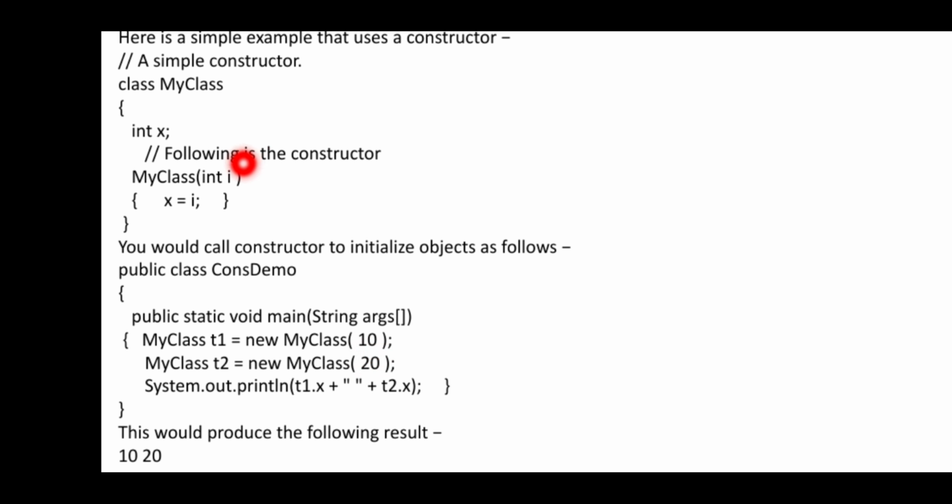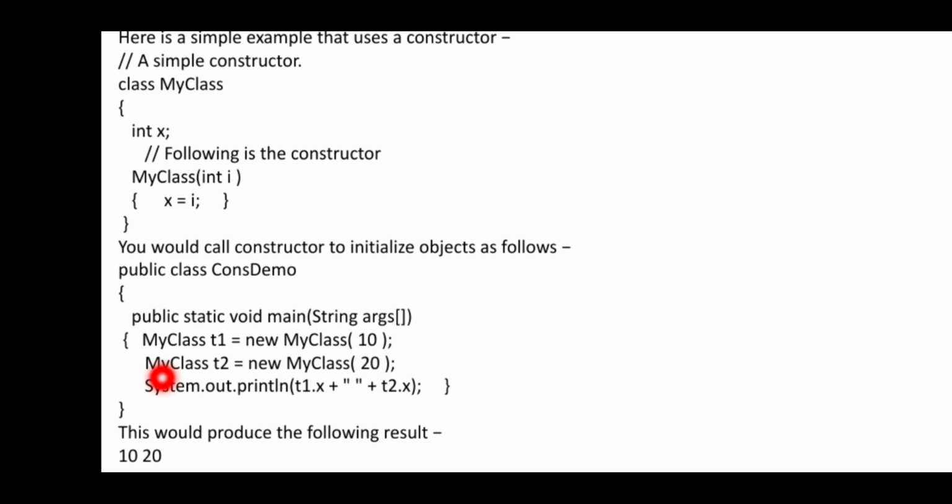This 10 value will be stored in i, and i will be stored within the instance variable of MyClass, that is x is equal to 10. Then MyClass t2 is equal to new MyClass(20). So 20 is sent over here in i, and it will be stored within x.